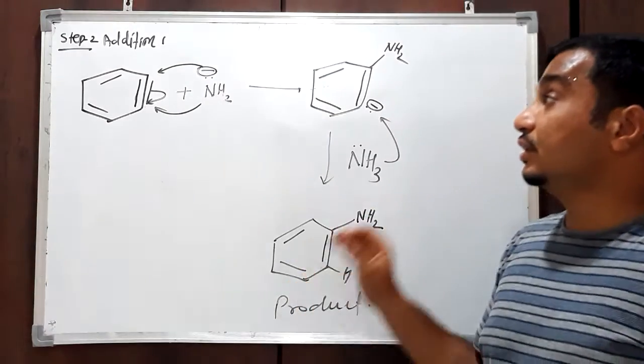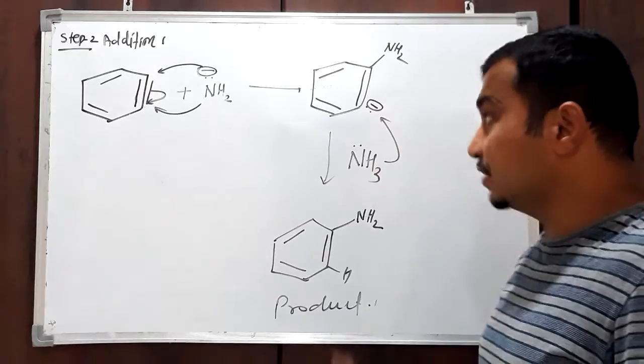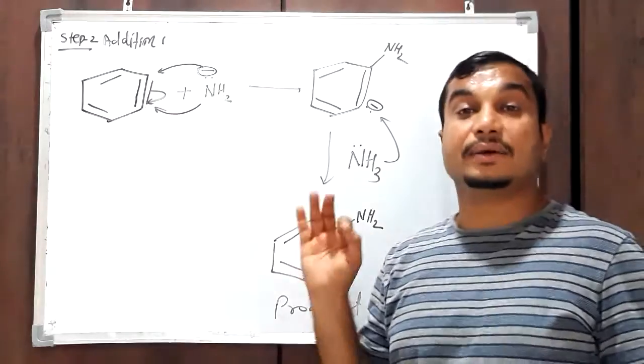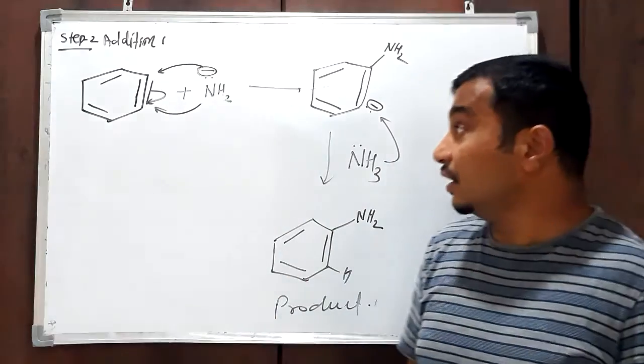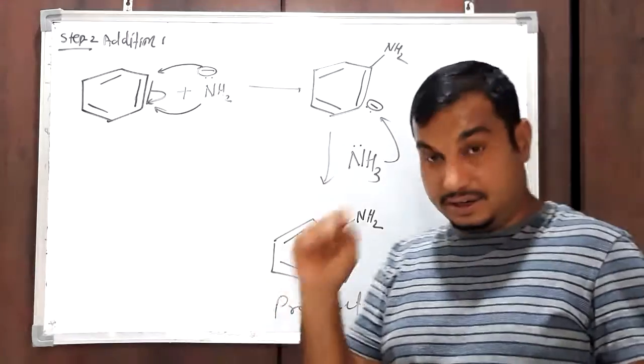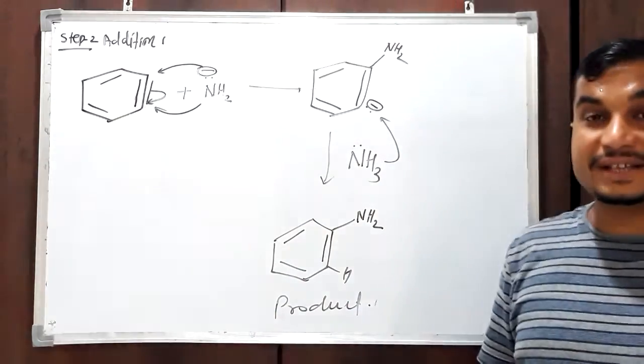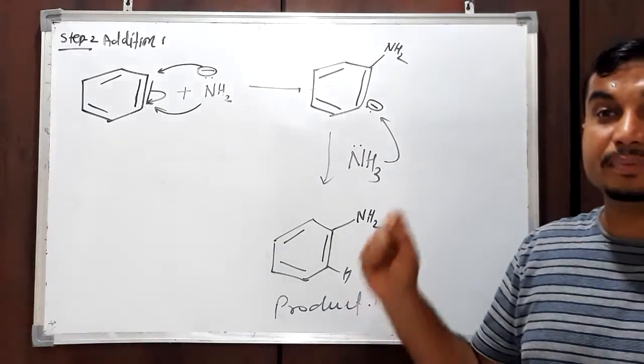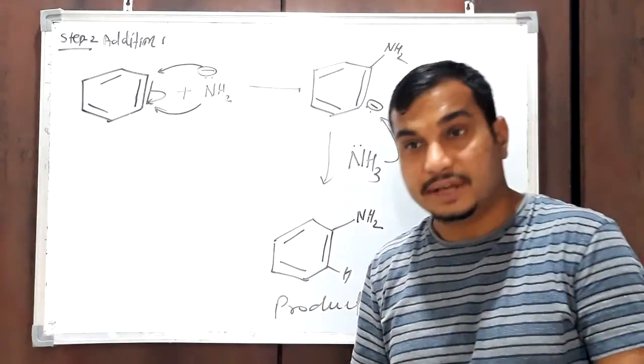So this is the two-step reaction, and this mechanism is called the benzyne mechanism. So student, go through this mechanism and try to write and understand the whole steps involved in the benzyne mechanism. Okay, thank you very much.